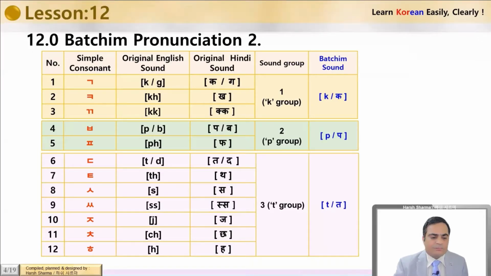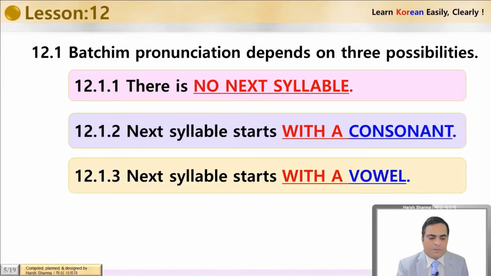See here, these three groups you already remember very well. Number 1 to 3 K family, 4 and 5 P family, and number 6 to 12 it is T family. Now the Batchim pronunciation, we have completed the rule, is further dependent on three possibilities. As you know, Korean is written in the form of blocks, syllables.